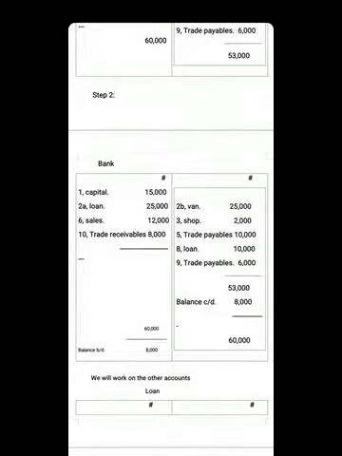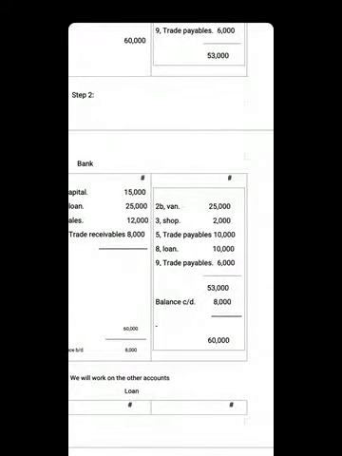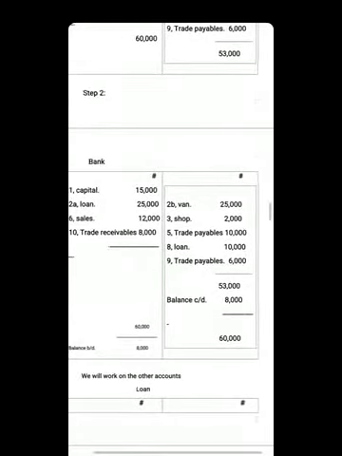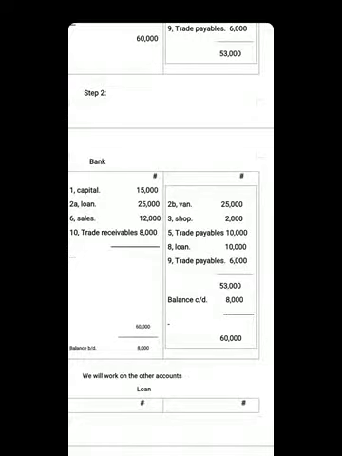Now, step 2 is to bring the balance down and create space. These totals must be on the same side, level at the end. Now here we have to have balance carried down.